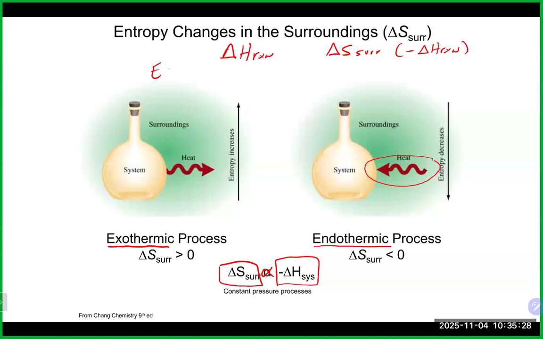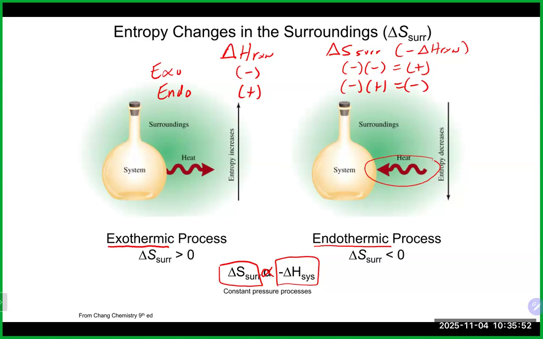So if we have an exothermic reaction, our delta H should be negative. Negative and negative equals a positive outcome for our surroundings. If we have an endothermic process, our delta H would be positive, and a negative and positive will end up with a negative outcome here for our surroundings.